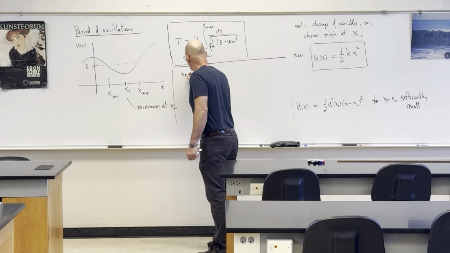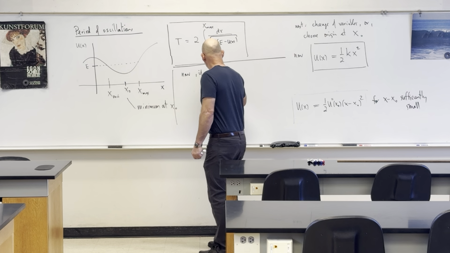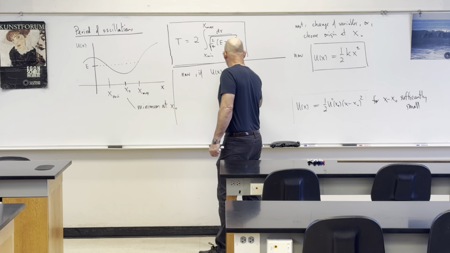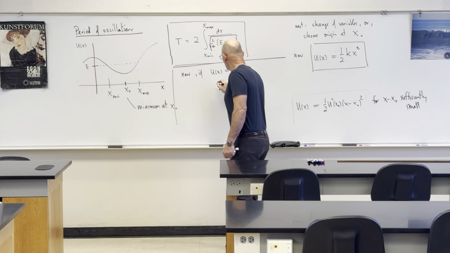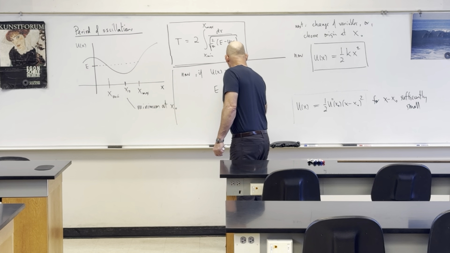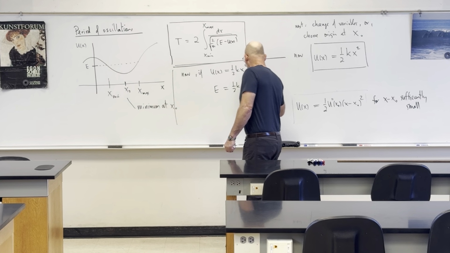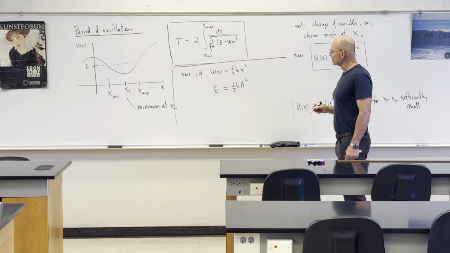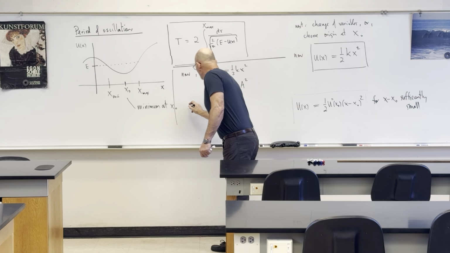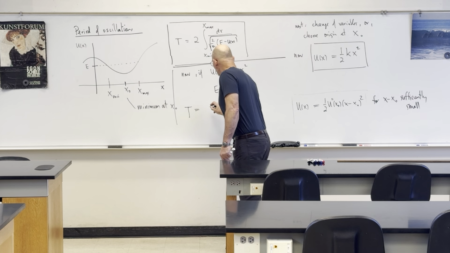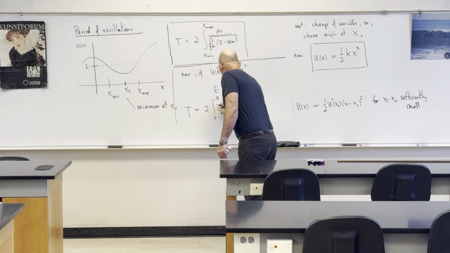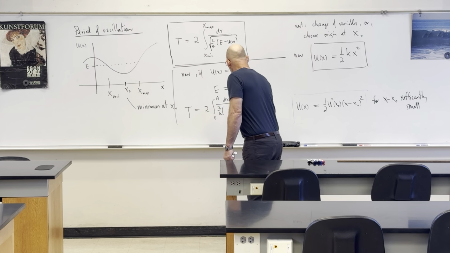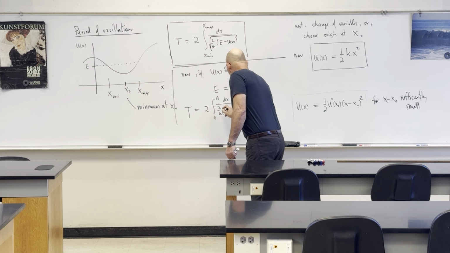So now, if u of x equals 1/2 k x squared, energy equals 1/2 k a squared, period is equal to 2, integral from 0 to a dx, square root of 2 over m. This is nice, we get the 1/2. That's going to cancel that.